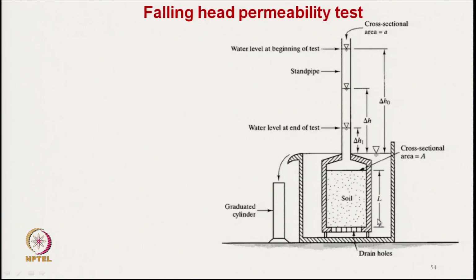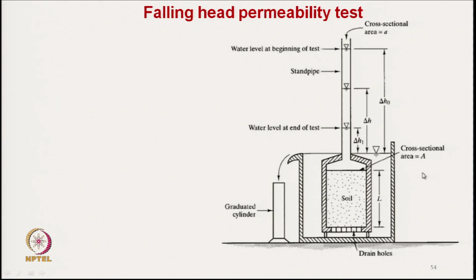The other method is falling head permeability. In the earlier case, what we have seen, the water head difference is kept constant by supplying water constantly, but here the supply of water is once, we do not supply constantly, which sometimes simulates the actual condition.